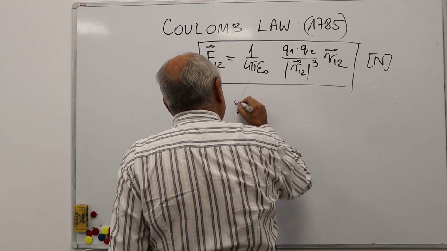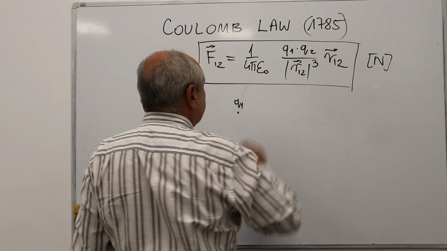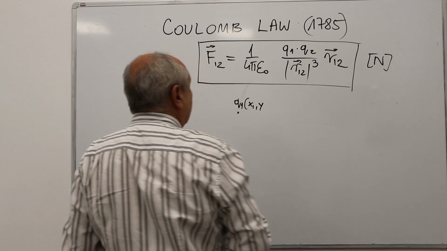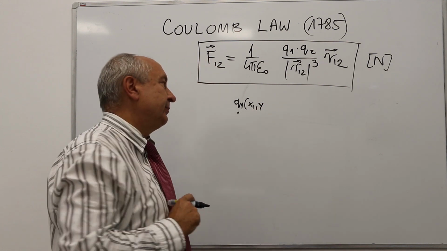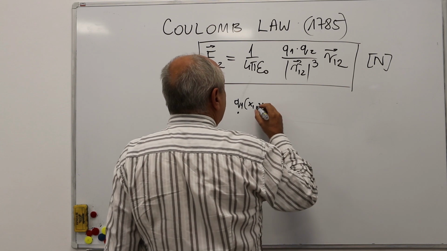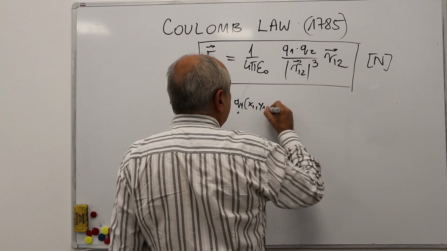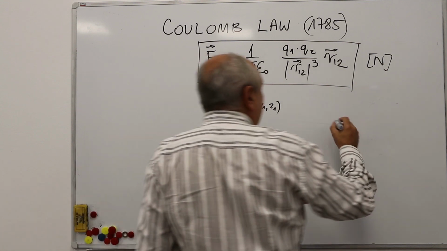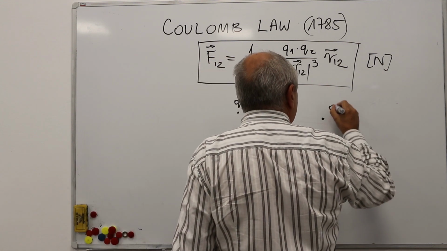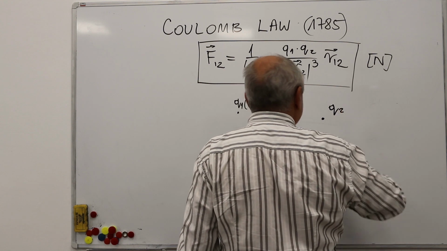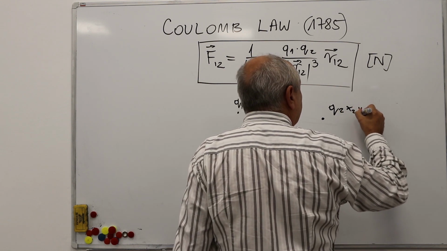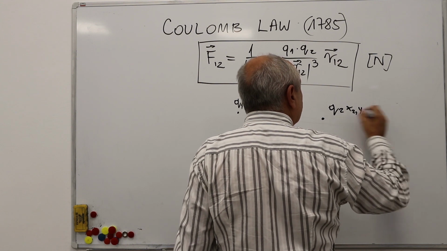Let's take Q1 in this point, and the coordinates of this point are x1, y1 and z1. In point 2 we have the charge Q2, with x2, y2, z2.